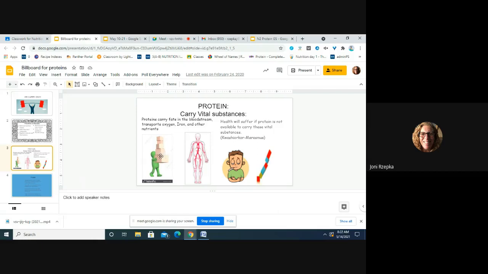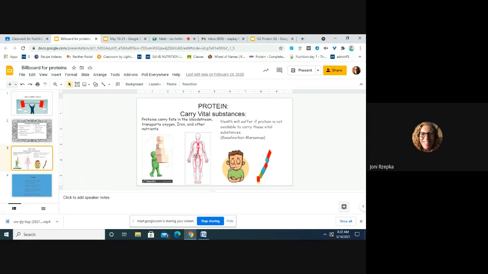I found clip art that represented what that was all about. If your body doesn't carry vital substances, it affects your health. So I used this sick little boy and building blocks falling over. And then I also did the positive side, where your proteins will carry fat in the bloodstream.